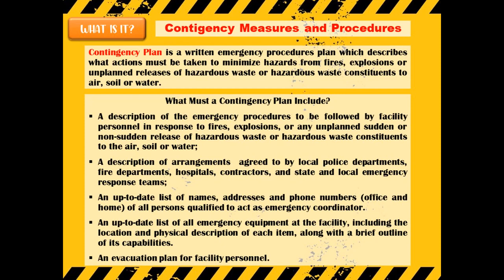An up-to-date list of names, addresses, and phone numbers of all persons qualified to act as emergency coordinator. An up-to-date list of all emergency equipment at the facility, including the location and physical description of each item, along with a brief outline of its capabilities. An evacuation plan for facility personnel.